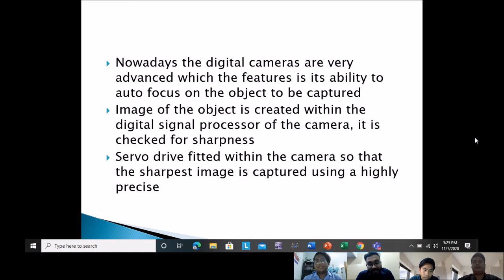Okay, nowadays digital cameras are very advanced, with features and abilities for auto focus on the object when we capture.